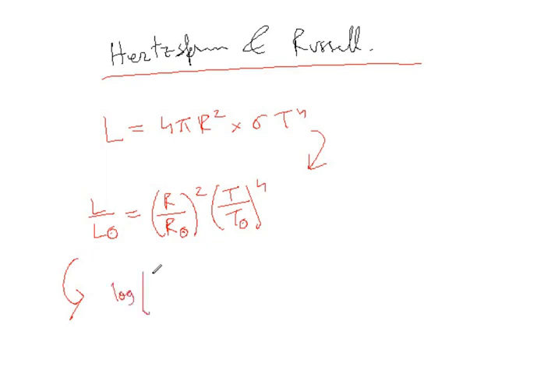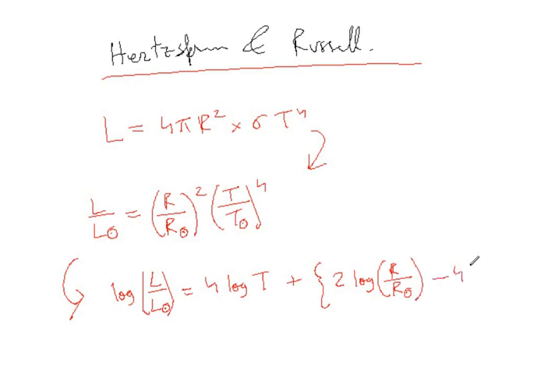We have log L by L solar is equal to 4 log T plus twice log R by R solar minus 4 log T.